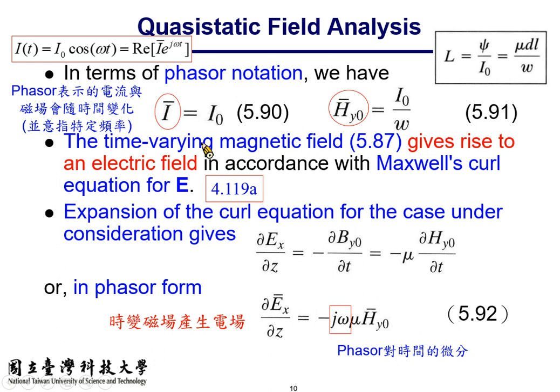Now, because I sub 0 is a time variant signal, we can use Maxwell's equations, Faraday's law and Ampere's-Kirchhoff law, to find higher order electrical field and magnetic field. The first thing we can use is Faraday's law.